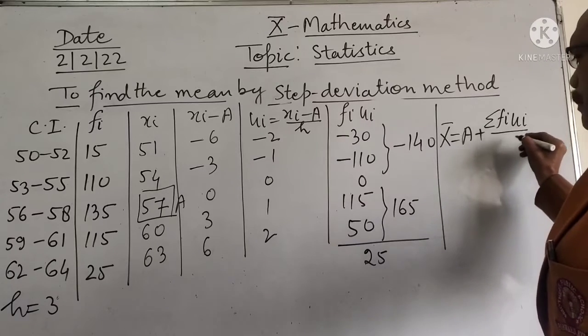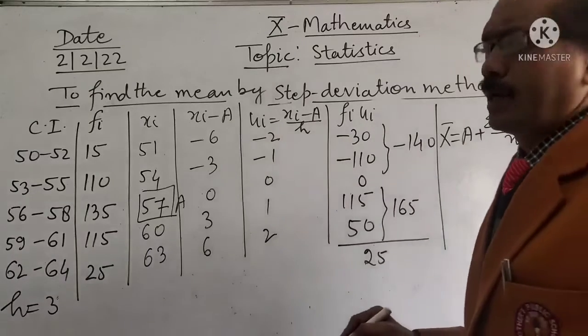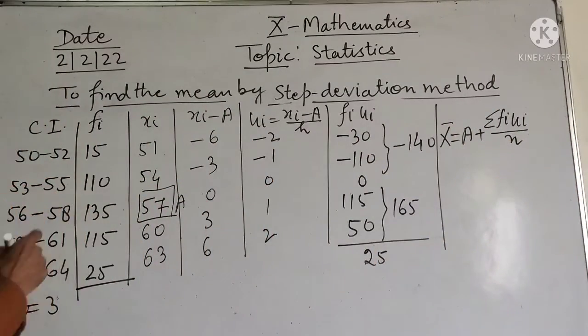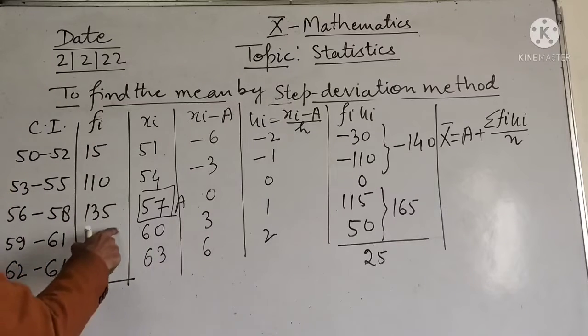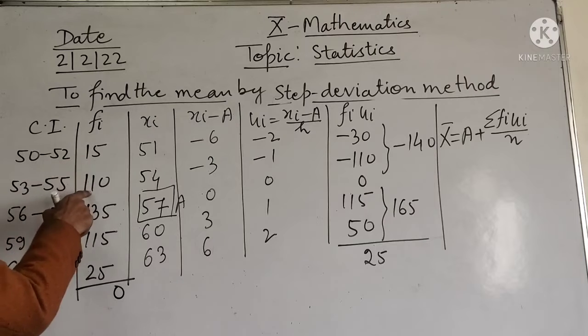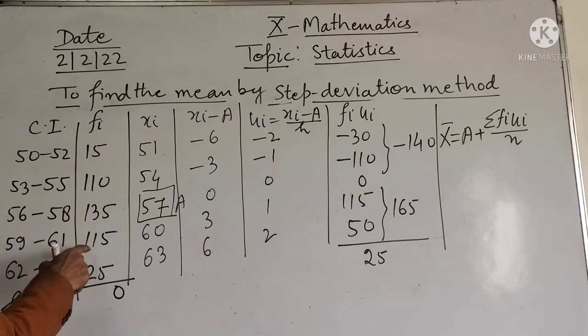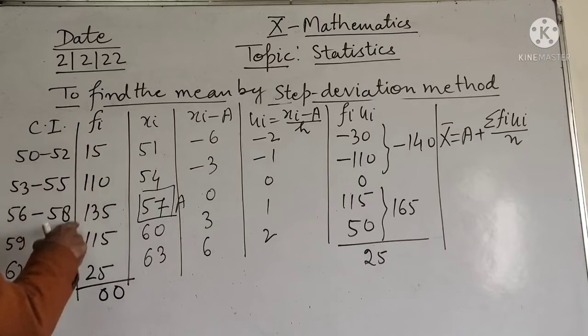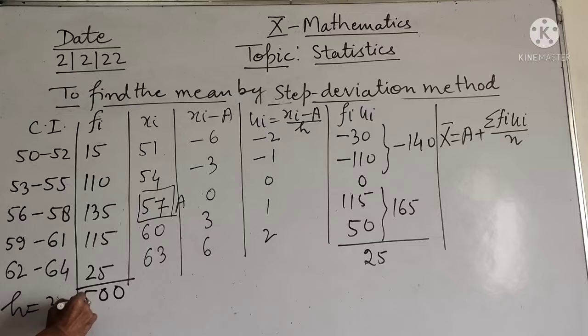Now the formula for the mean, x bar, is A plus sigma fi ui upon n, into h. Let us find n. n is the sum of all these values, which is 400.